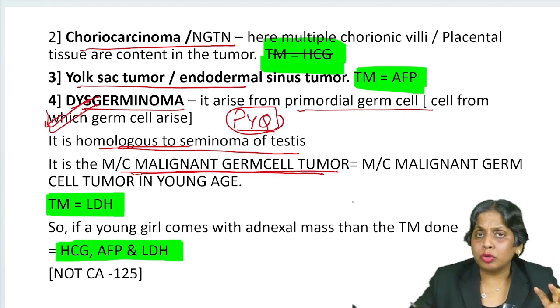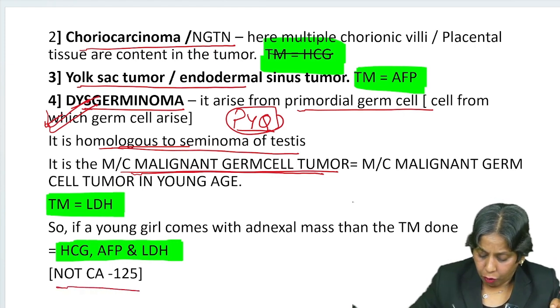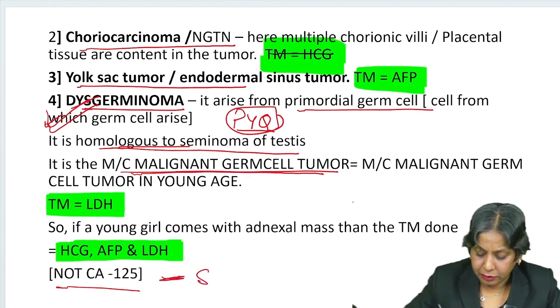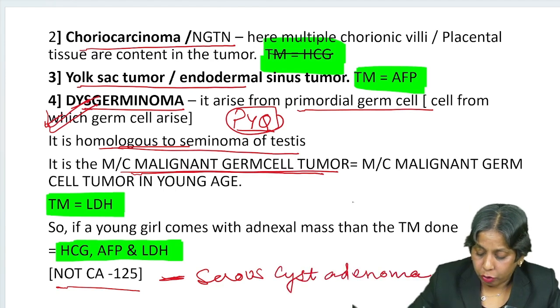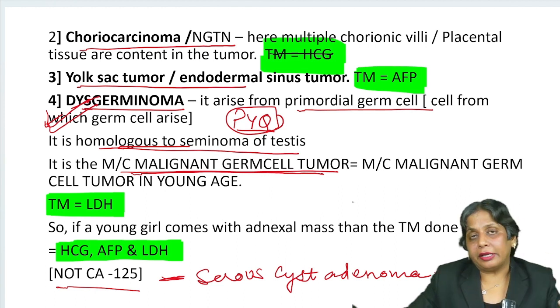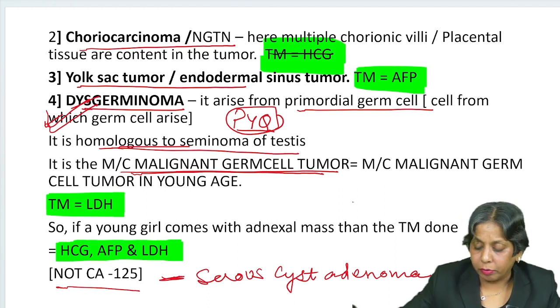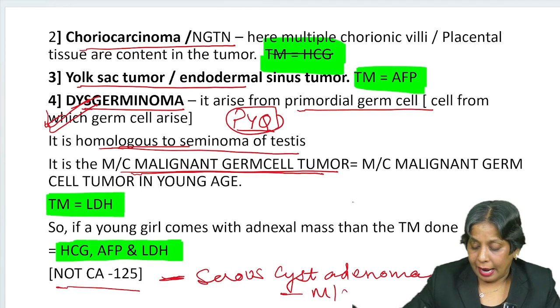And most of you students answer that we will go for CA125. No, CA125 is a tumor marker of serous cystadenoma, and serous cystadenoma is an epithelial cell tumor type, and it is most common in old age. So it has nothing to do with young age.